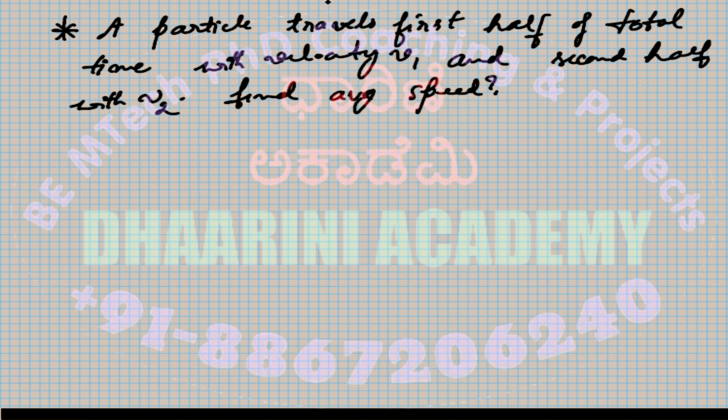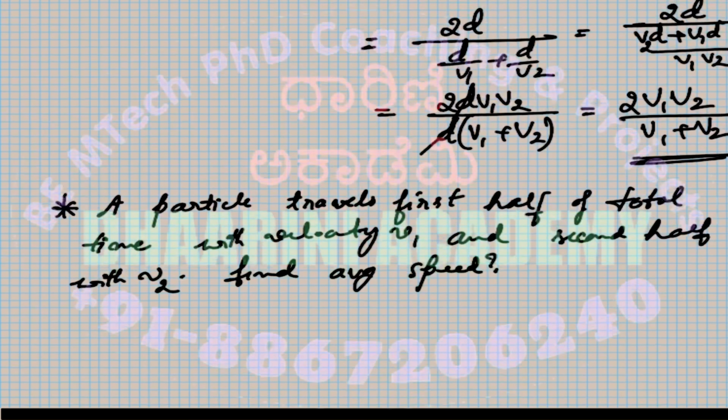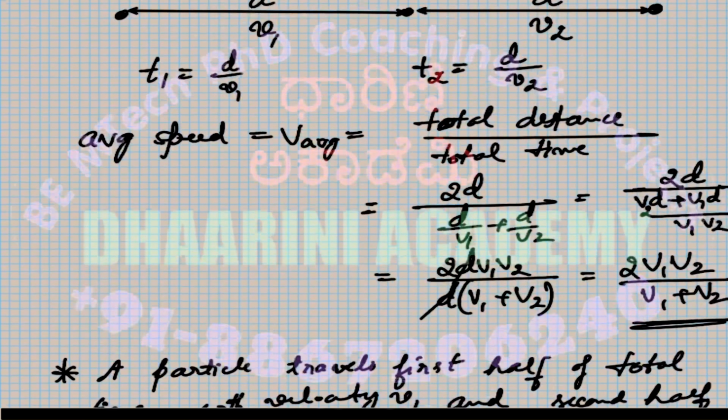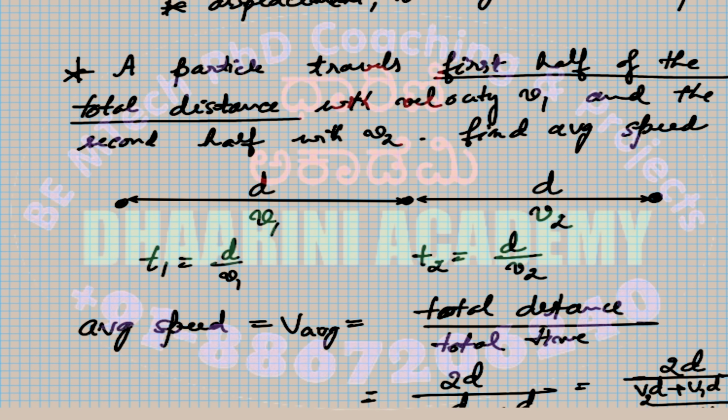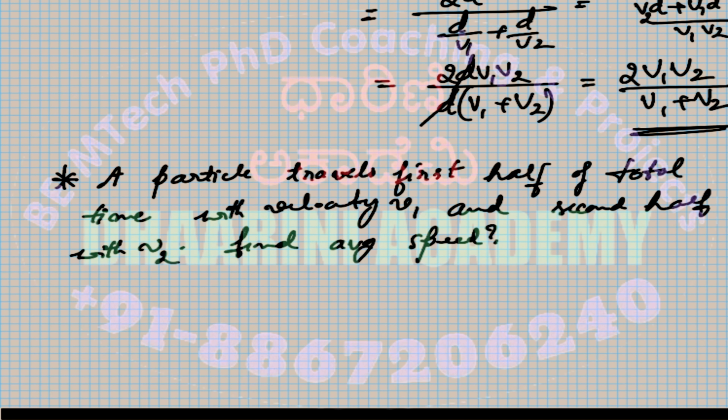Here it is given in terms of time, right? Previous problem, if you see, that was given in terms of distance, right? So it travels the first half of the total distance, they had given in the previous problem. But now you see, the first half of the total time they have given. So that's a difference.